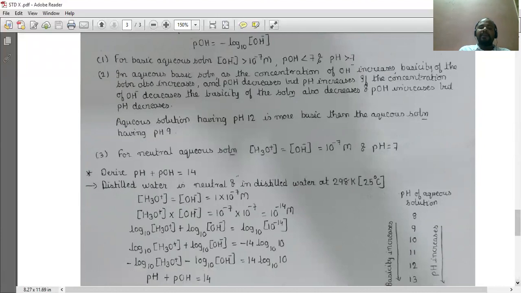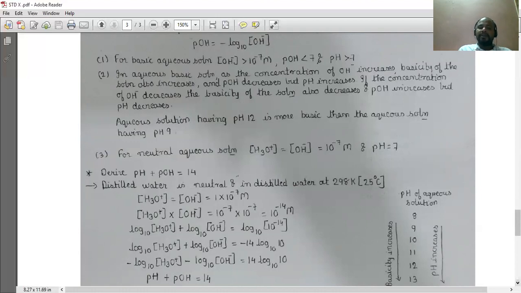Now multiplying negative on both sides, negative logarithm to the base 10 of hydronium ion concentration minus negative log to the base 10 of hydroxide ion concentration is equal to 14 log 10 to the base 10. Now as we had seen earlier, negative log to the base 10 of hydronium ion concentration is pH, negative log to the base 10 of hydroxide ion concentration is pOH. So pH plus pOH is equal to 14.